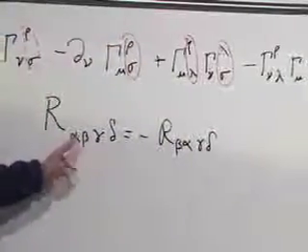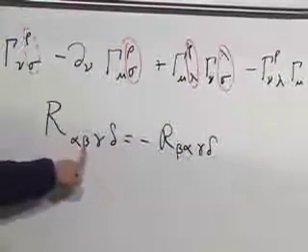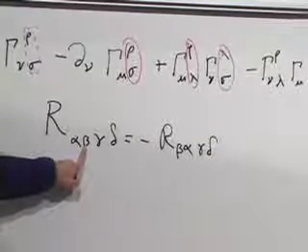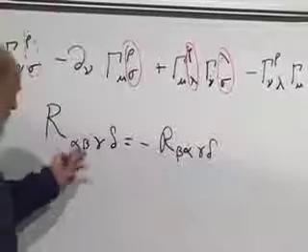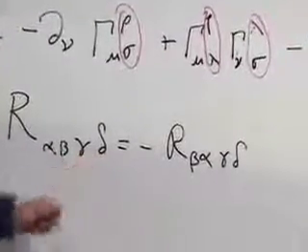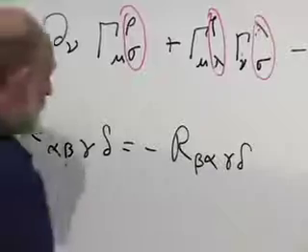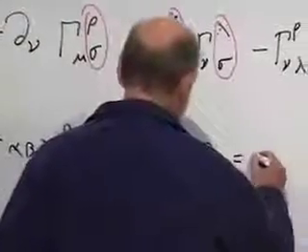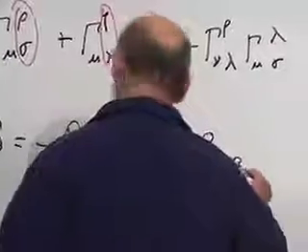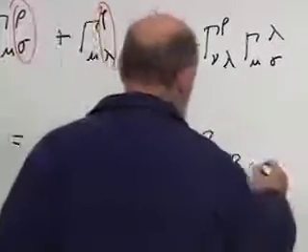First of all, it's antisymmetric with respect to interchange of alpha and beta. That just says if you interchange alpha and beta, it's antisymmetric. It's also antisymmetric if you interchange gamma and delta, so it's also equal to minus R alpha beta delta gamma.